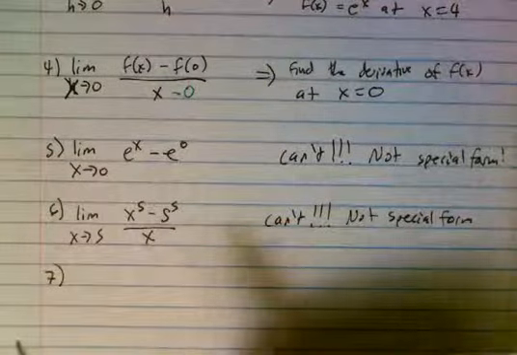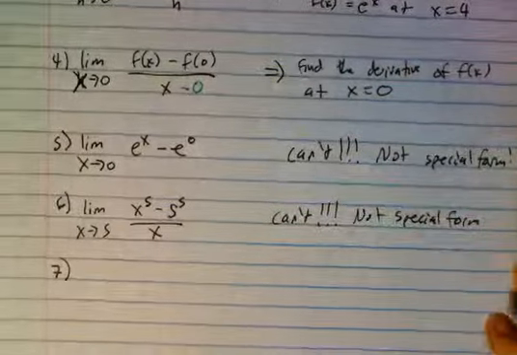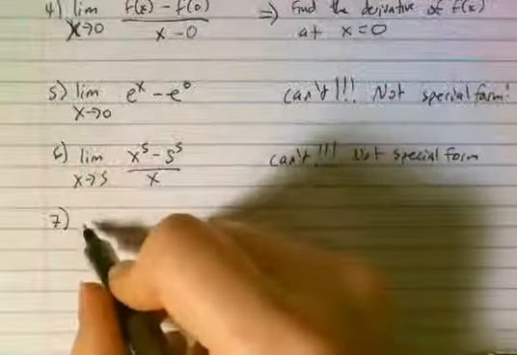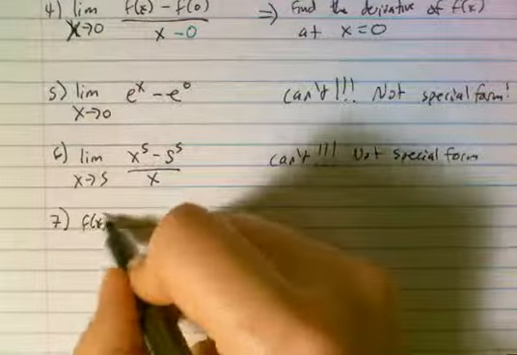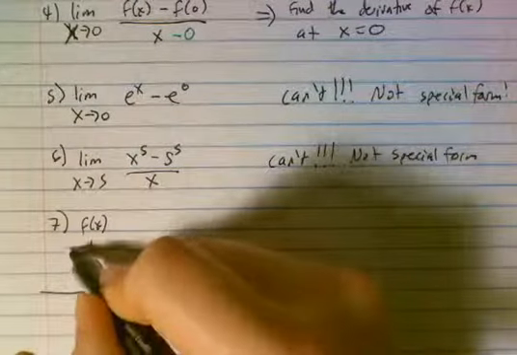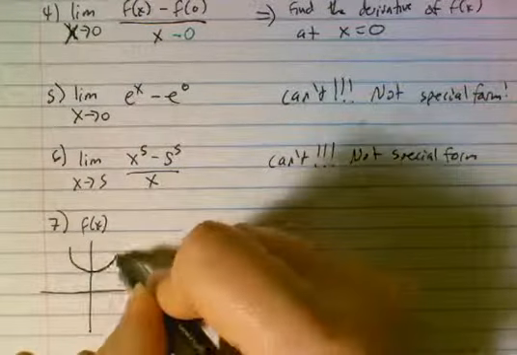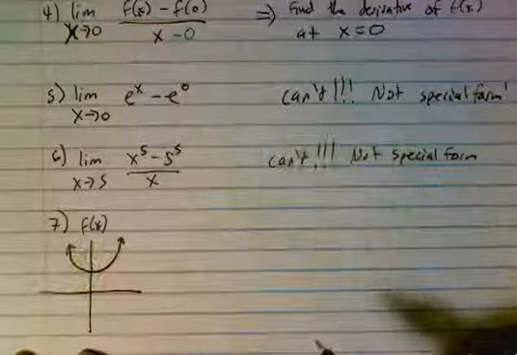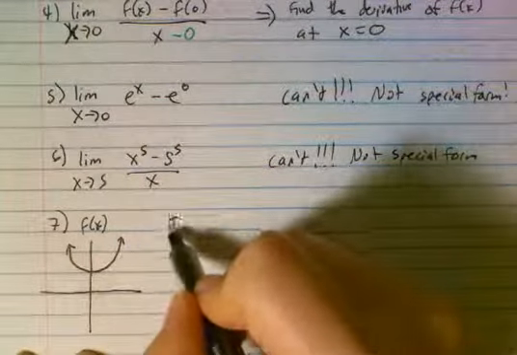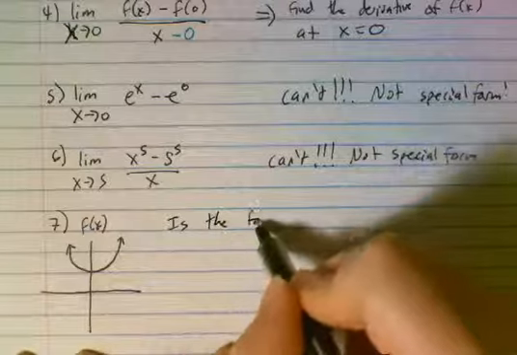For our final problem, let's look at something that's even a little bit different. Let's say that we know something about f of x. That is this curve right here. And what we want to know is the following true?